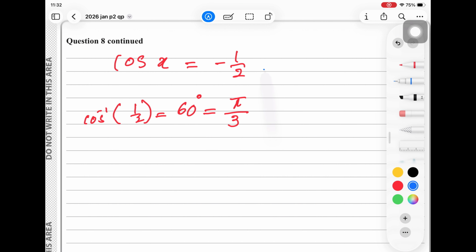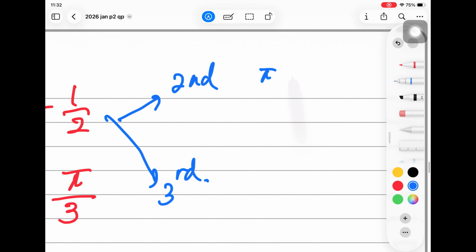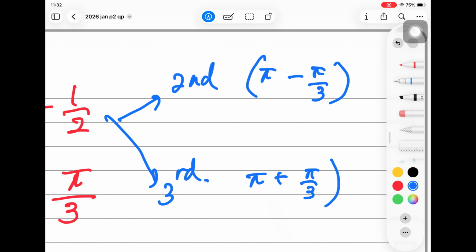The quadrants where cosine is negative are the second quadrant and the third quadrant. For the second quadrant, that's going to be 180, which is pi minus angle. For the third quadrant, that's going to be pi plus angle.